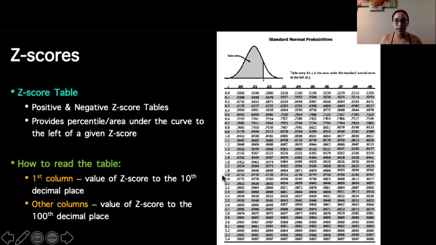So on my table, I would go to 1.8, and then I would go to the column that has 0.03 as my hundredths place. That value, or all of these values rather, represent the probabilities that a value exists at or below the raw score of interest that you've calculated your Z-score for. Right? In other words, the area to the left of the curve.